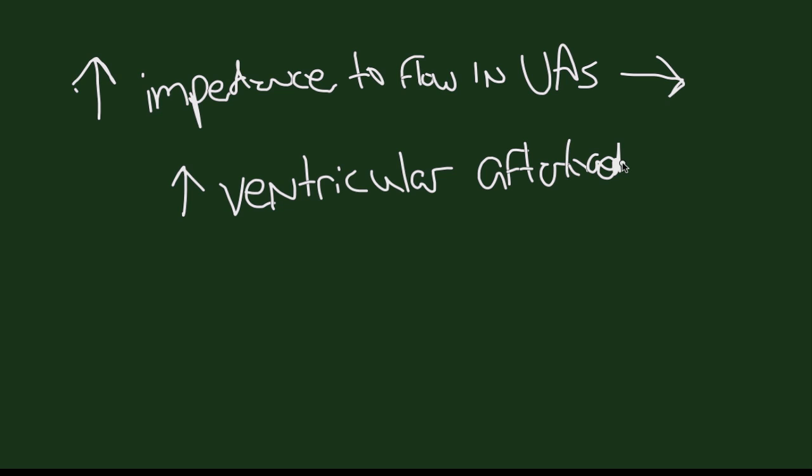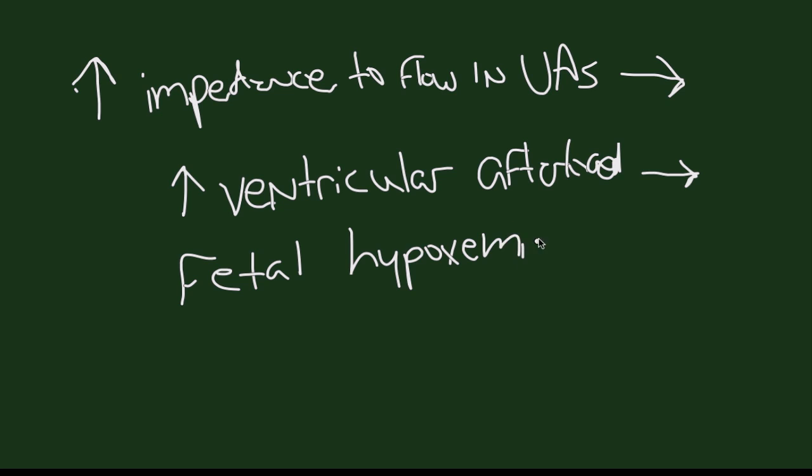Especially the right ventricle. Increased ventricular afterload, especially in the right ventricle, will lead to fetal hypoxemia. To accurately measure flow through the umbilical artery, one must obtain a free loop of umbilical cord as close to midway between the fetus and the placenta as possible.